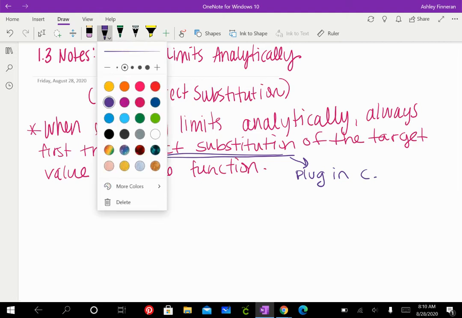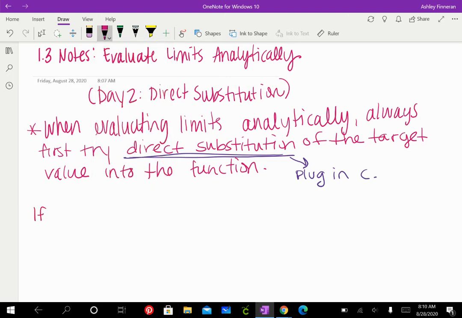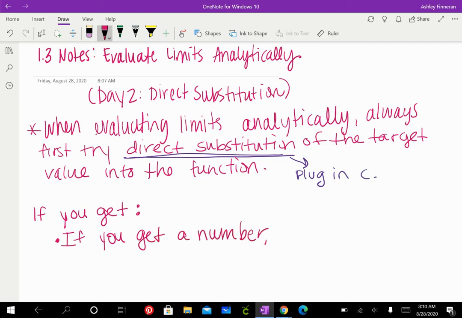So let's go back to that pinkish color. Option one, if you get a number, then you're done.